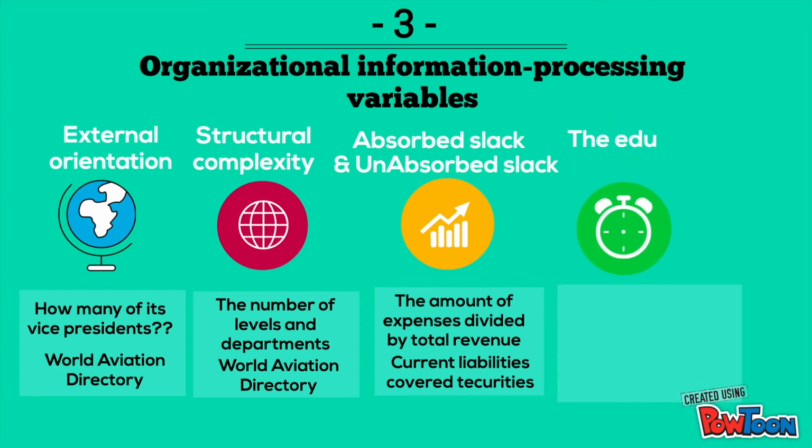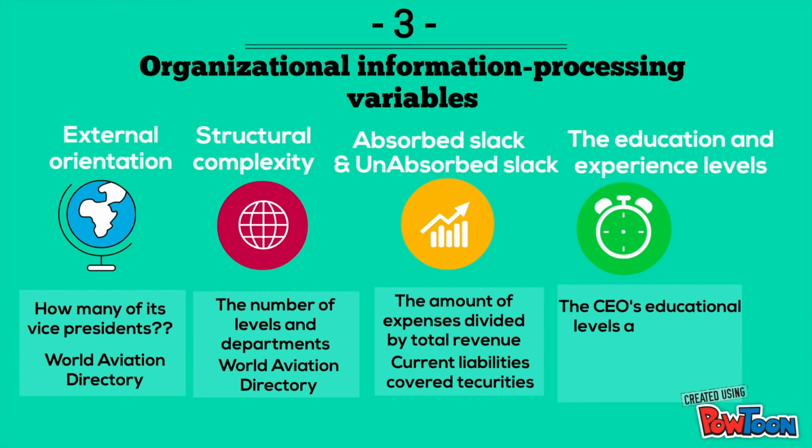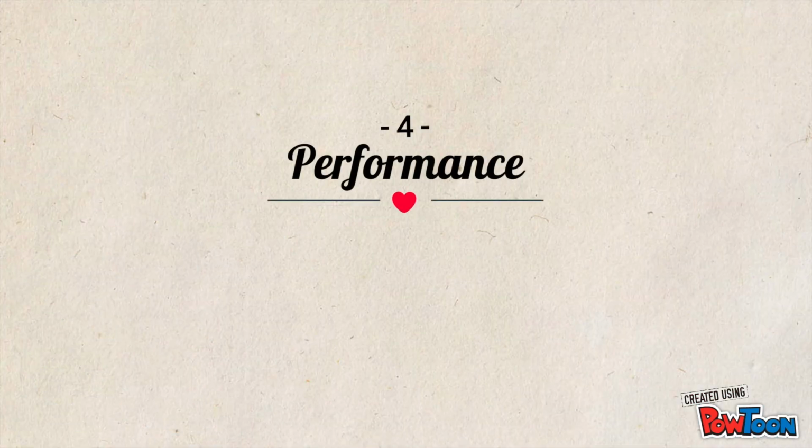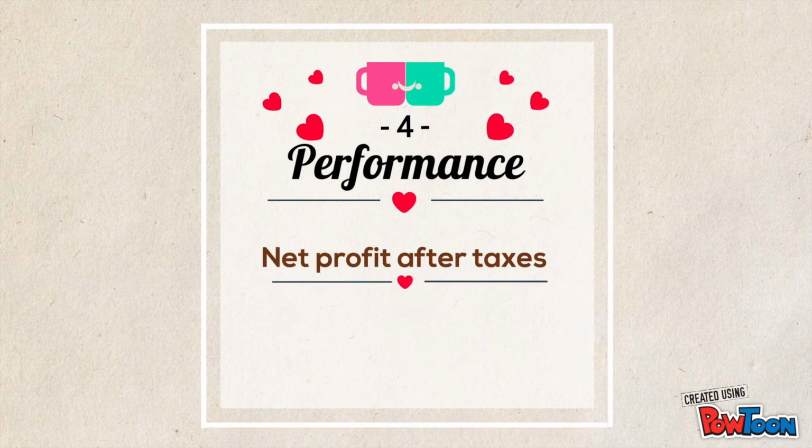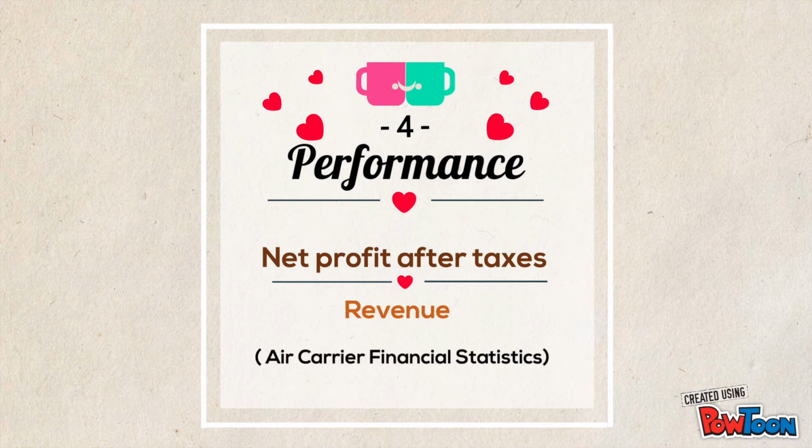For managers' education and experience levels, data were gathered on the CEO and 7 other randomly chosen corporate executives for each airline for each year. Finally, performance was measured in terms of net profit after taxes divided by total revenue. Data for this profitability measure came from air carrier financial statistics.